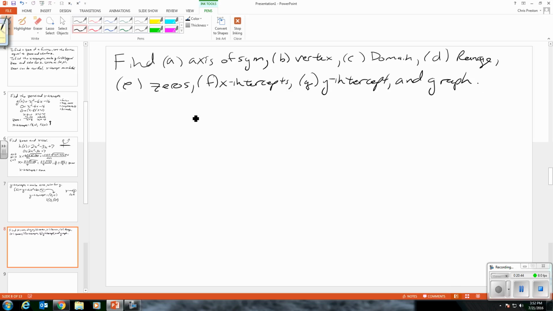Okay, so let's say we have k of x equals negative x squared plus 4x minus 1.